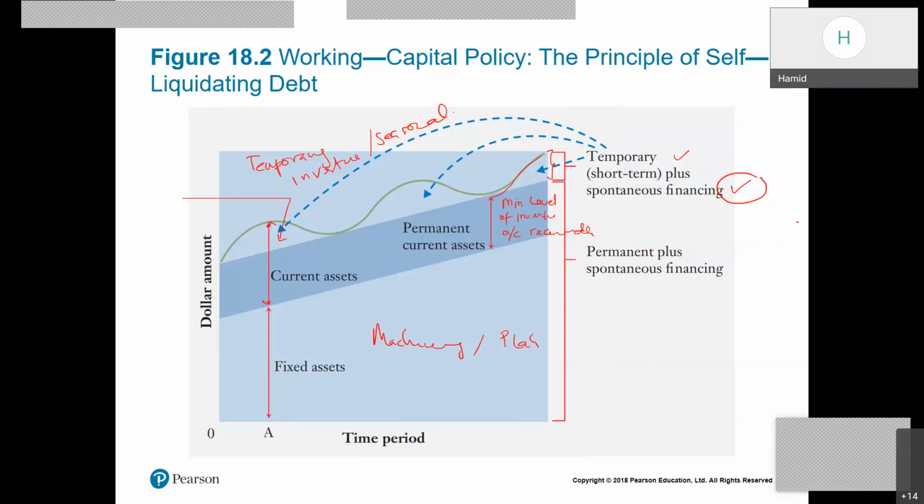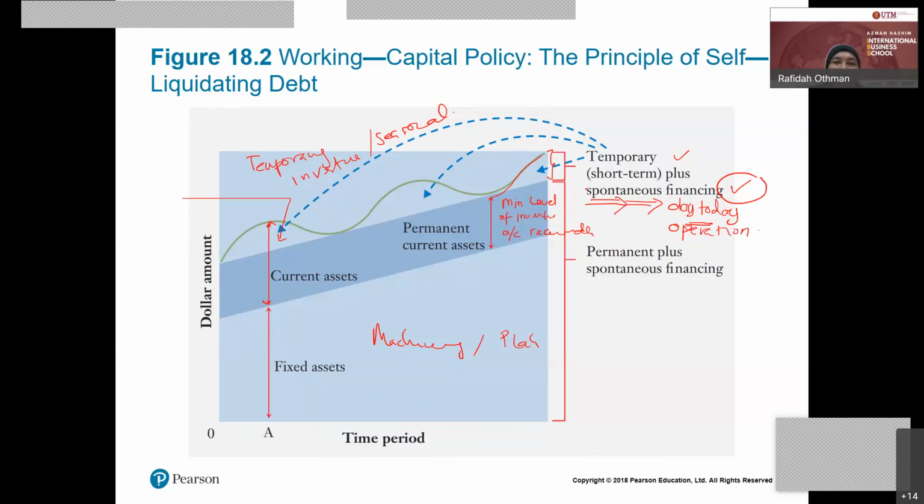No. Spontaneous is a financing source that arises naturally out of day-to-day operation. Exactly. The keyword is day-to-day. So you have to find the keywords there. Day-to-day operation. So this is spontaneous financing, and this is coming from your operation.